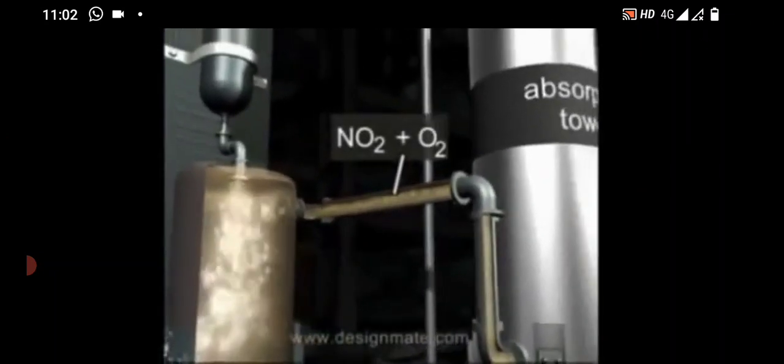This nitrogen dioxide and non-reacted oxygen then flow into the absorption tower, which is a stainless steel tower packed with acid-resistant quartz. Here, water is sprinkled from the top, so it slowly trickles to the layer of quartz.